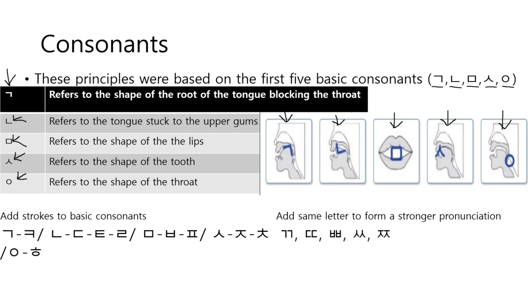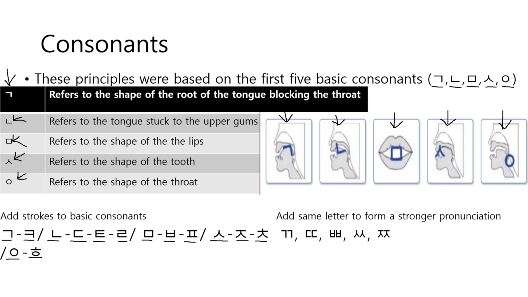So we can add strokes to kiok to make another kiok, and we can add strokes to dian to make tigut, tiut, lier, and we can add strokes to bium to make piut, piup, and we can add strokes to siut to make tiut and tiut, and we can add strokes to iung to make hit.